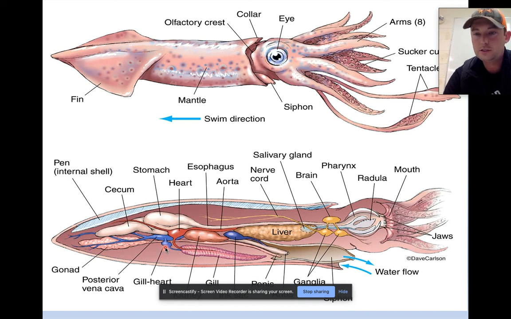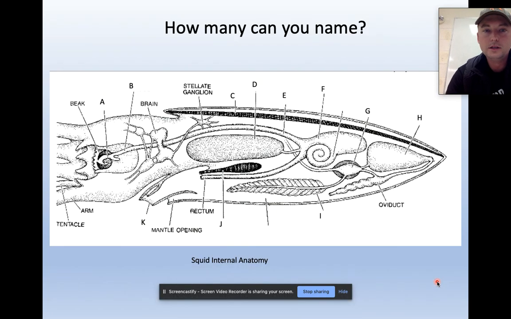The gill heart pumps deoxygenated blood to the gills, and the systemic heart pumps blood throughout the body. So again, 3 hearts there, and then finally out the siphon. Pretty neat. So I want you to pause the video, see how many structures you can name, and then we'll reconvene momentarily.